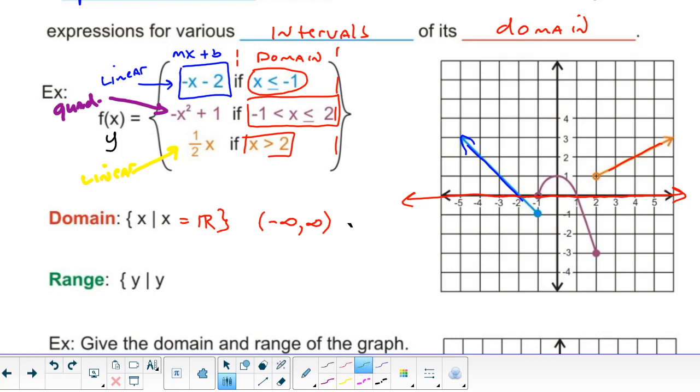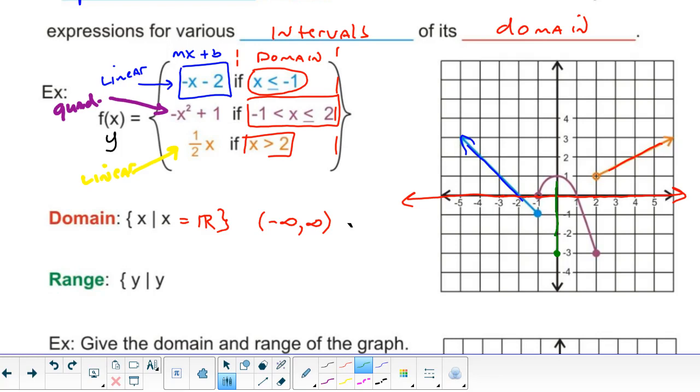You have to remember the range are the y values. So look at the piecewise function. What's the lowest possible y value? And I hope you see it's at -3, right? Now, as I head up, I still have function with y values, function with y values, function with y values.